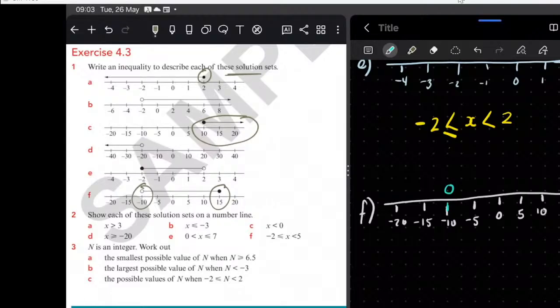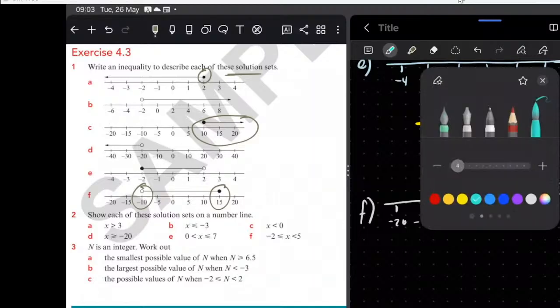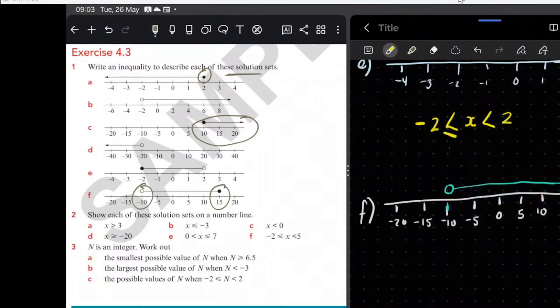Which one is shaded? 15. Then you join them. Vic, how do we then represent this? The one that is at 15 is the one which is shaded.